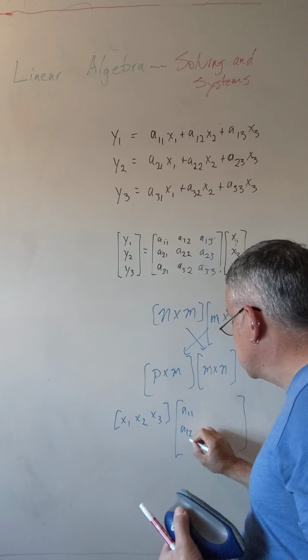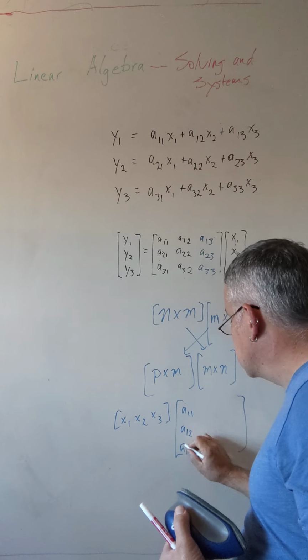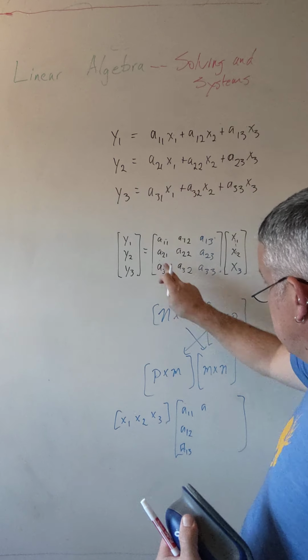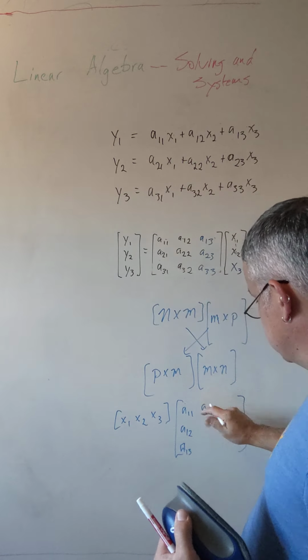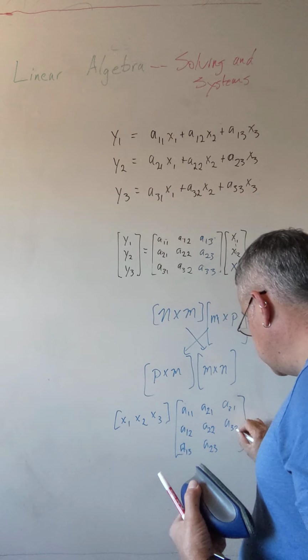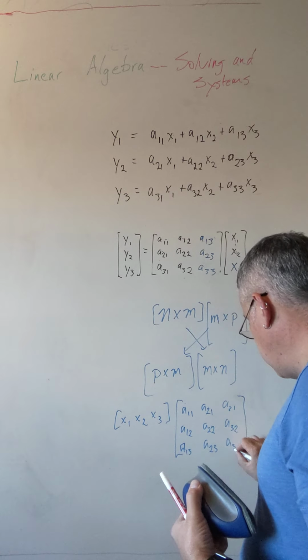I swap the indices, so now the index is on the first one, and now A2,1 doesn't appear here, it appears here at the top. And same A3,1, A3,2, A3,3.